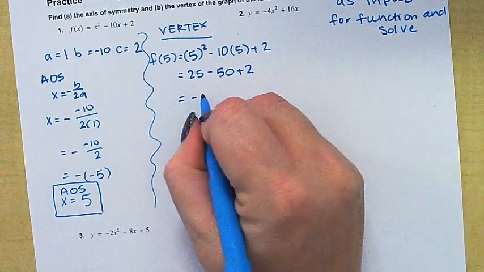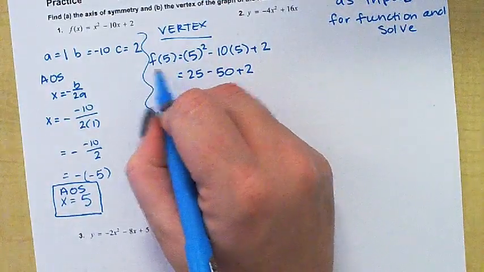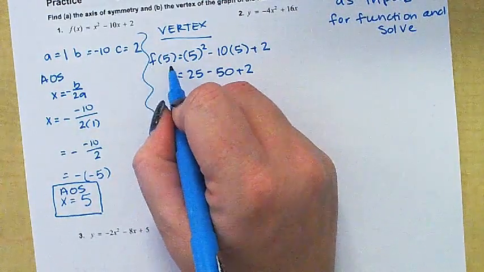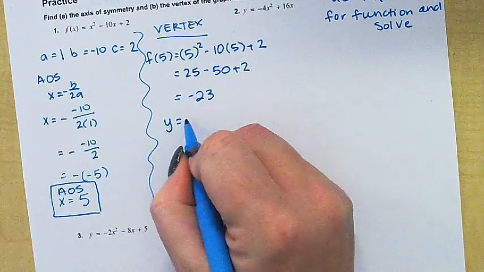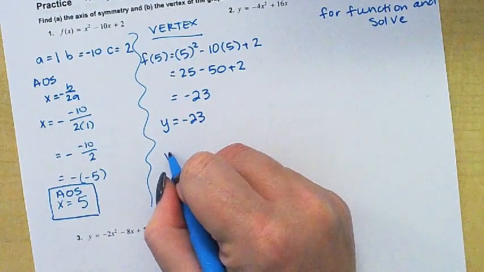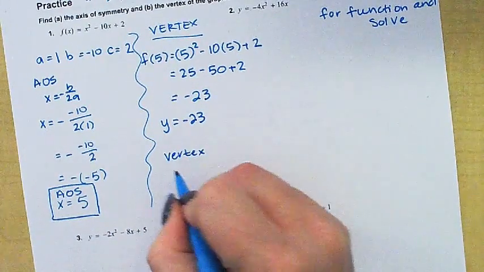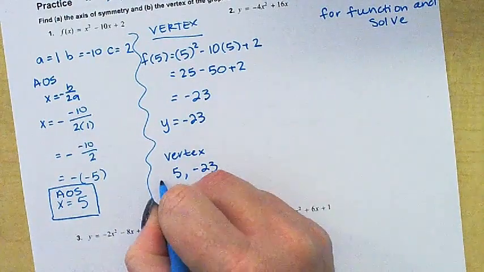And we combine all of that to get a negative 23. And we've said before that this f of x actually just tells us a y value. So our y value is a negative 23. So our vertex is 5, negative 23.